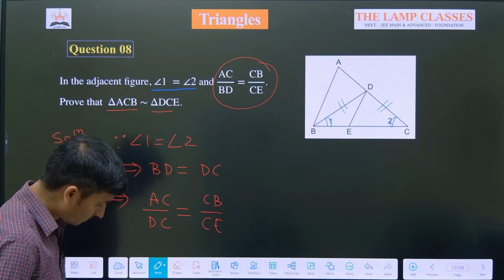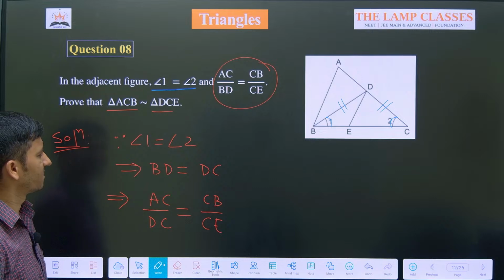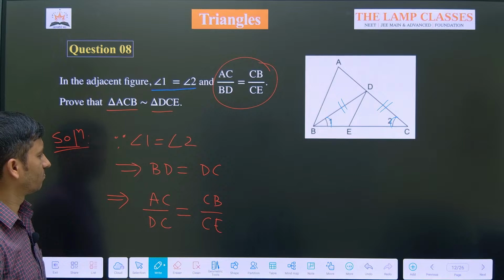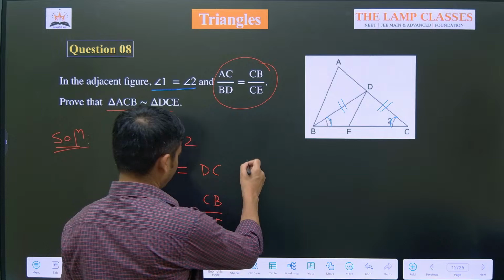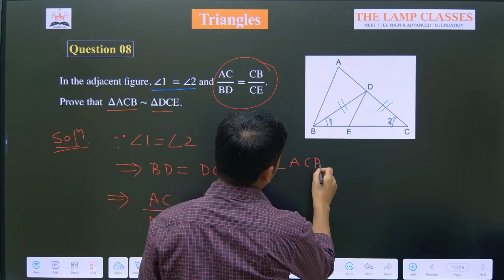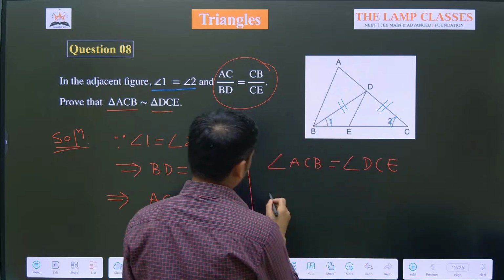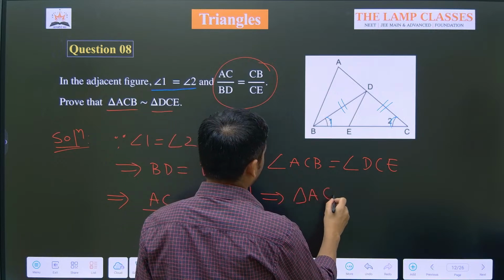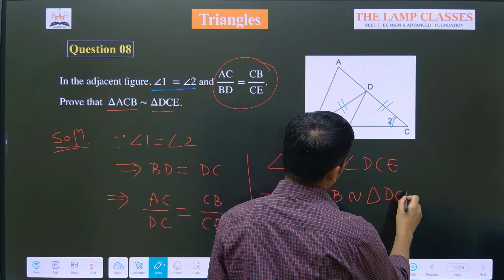Is it done, guys? Right? And angle ACB will be equal to angle DCE, right? So that's why we can say triangle ACB is similar to triangle DCE.